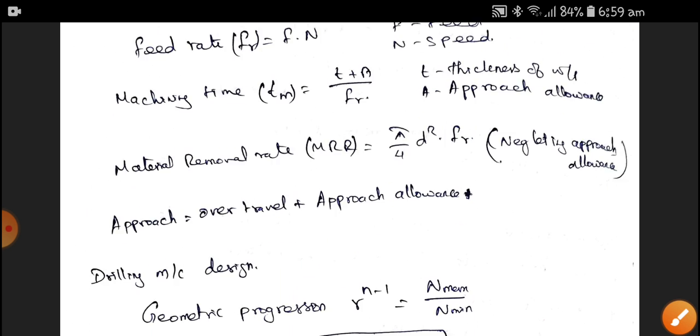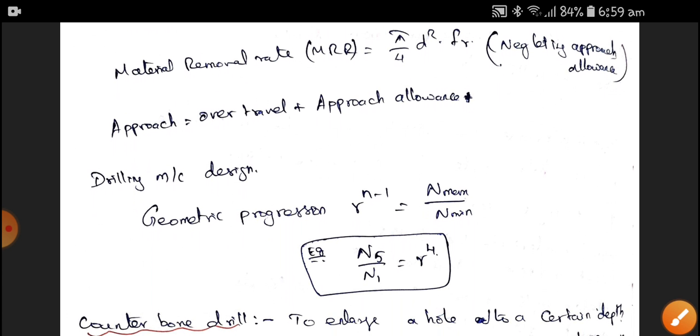Next is the drilling machine design. In drilling machine design, the torque conversion as well as the speed conversion is very much important. We have to say this in terms of a geometric progression, where r power n minus 1 is equal to maximum speed divided by minimum speed. We know that the maximum speed is for the motor and the minimum speed is for the drill spindle.